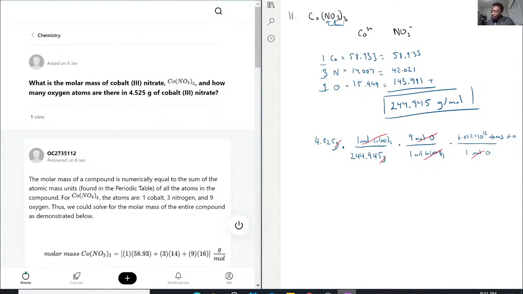So we have 4.525 divided by that molar mass times 9 times 6.022 times 10 to the 23rd.